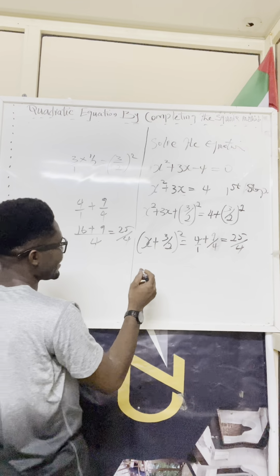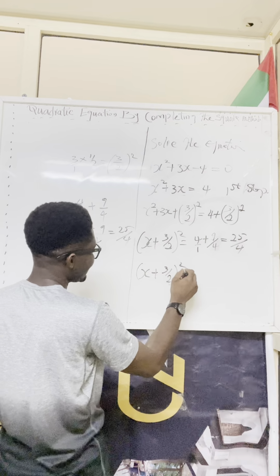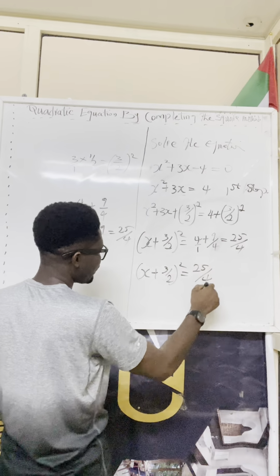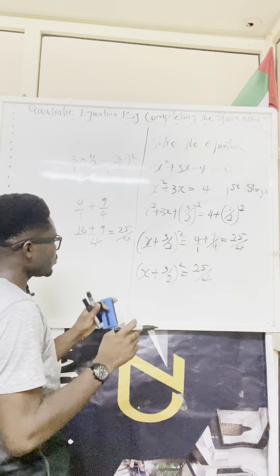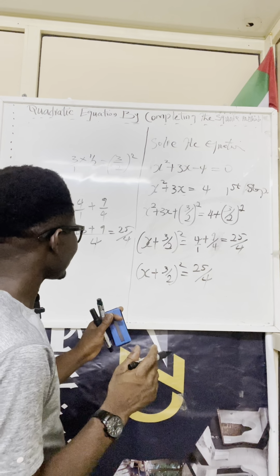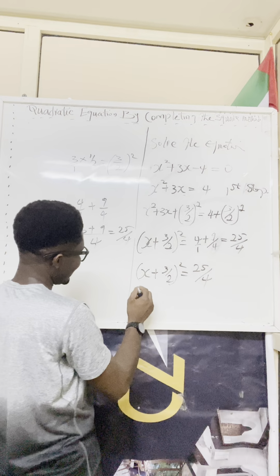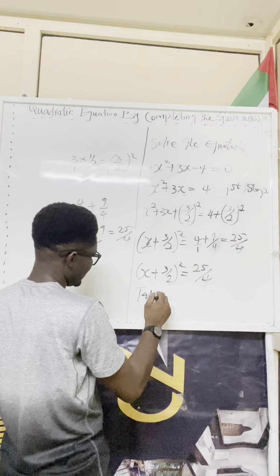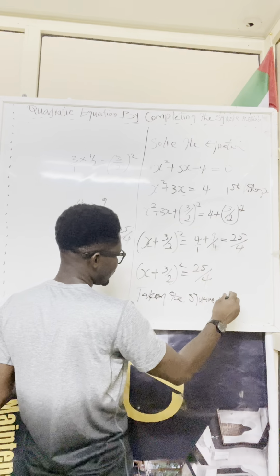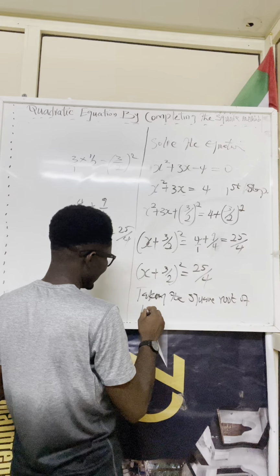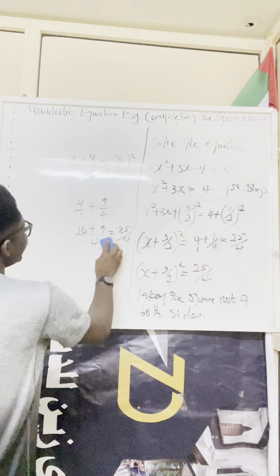So here you will write again (x + 3/2)² equals 25 over 4. The next thing you need to do is take the square root of both sides.